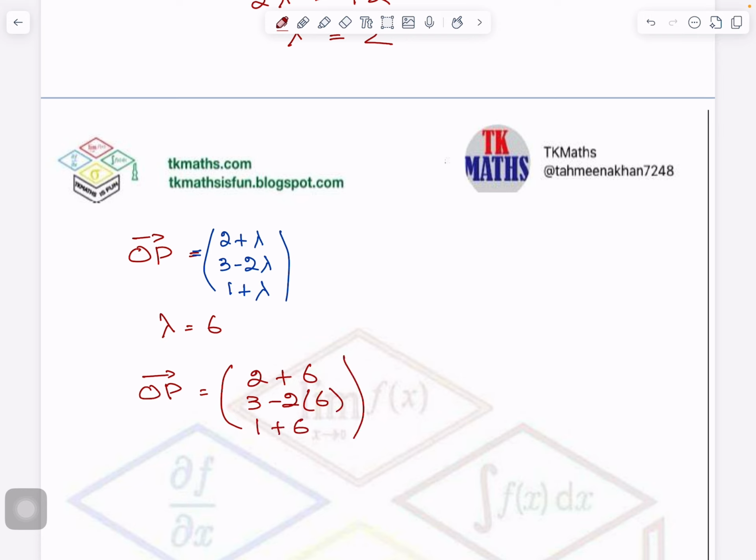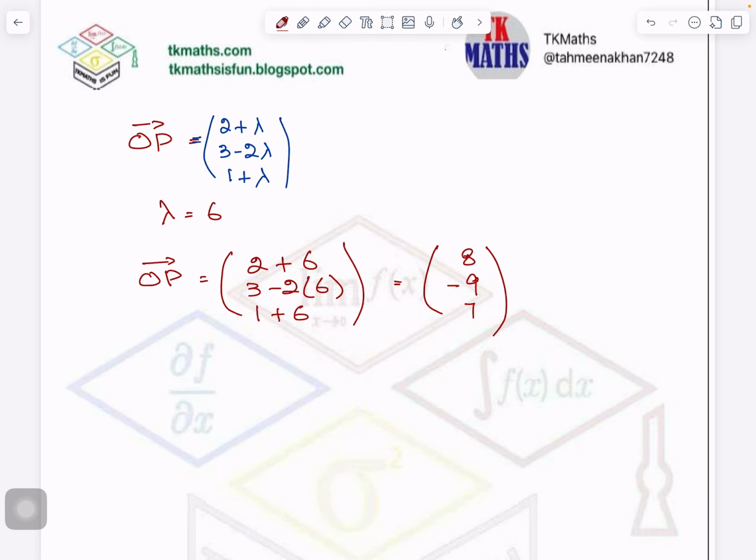So what will it be? 8, minus 9, 7. So now the position vector of P is this. You can write it in any form.